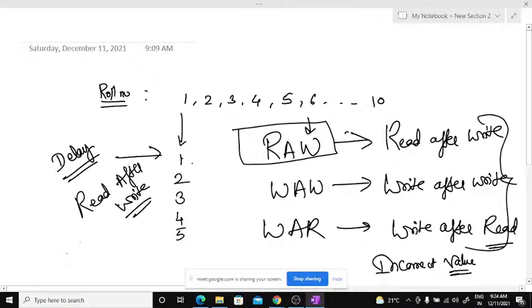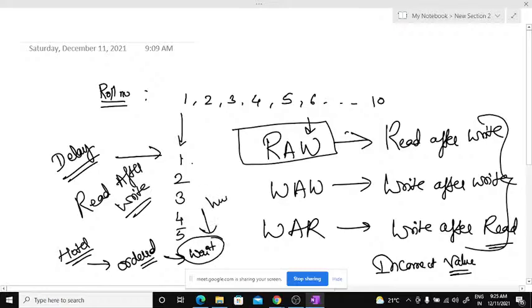Suppose you are in a hotel and you ordered food, then you need to wait for some time. If you hurry to go, you won't get proper, cooked food. So you need to wait to get your food.